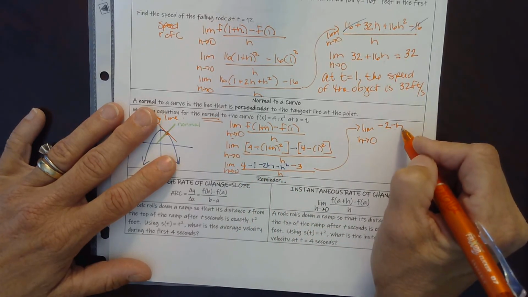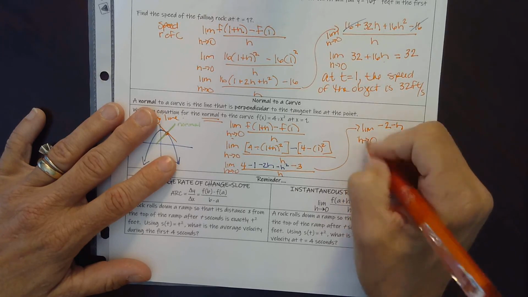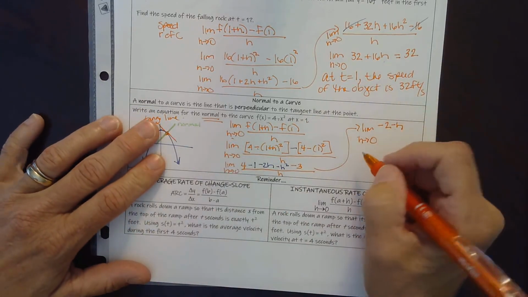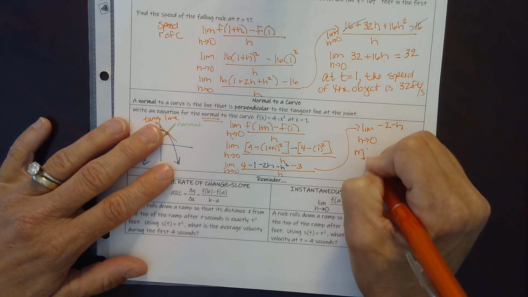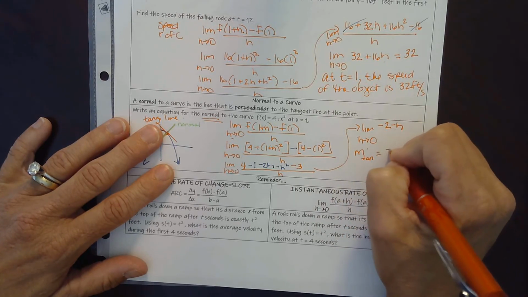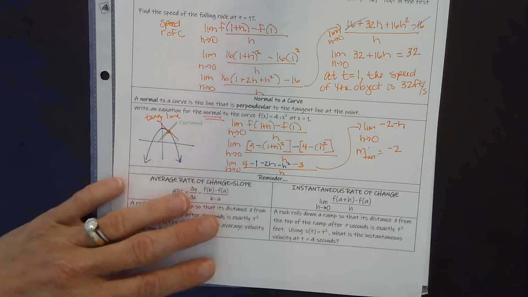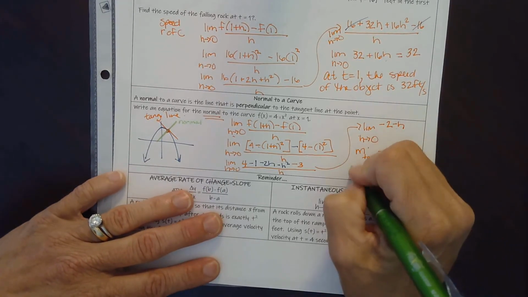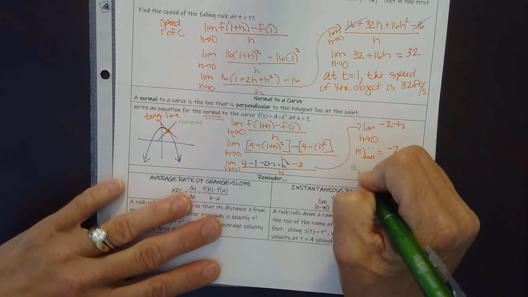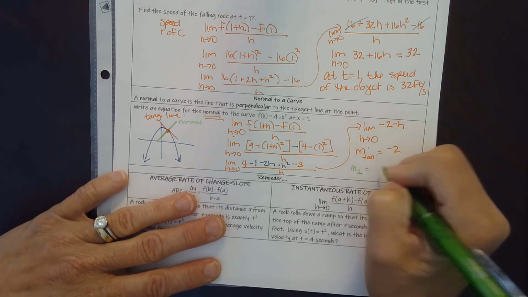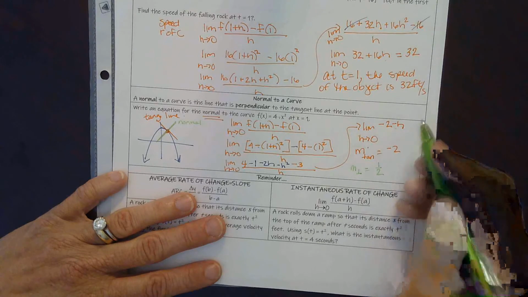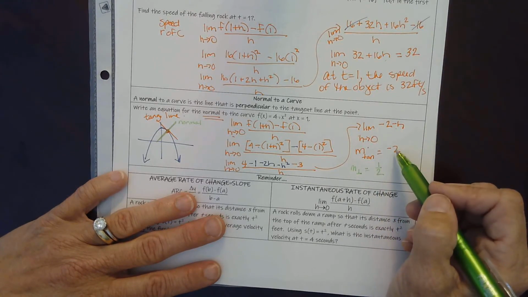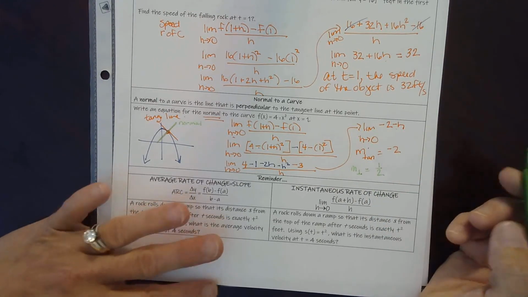So I can substitute 0 for h, and the slope of the tangent line is equal to negative 2. So the slope of the normal, perpendicular, will be positive 1/2. Remember, perpendicular lines have opposite reciprocal slopes.